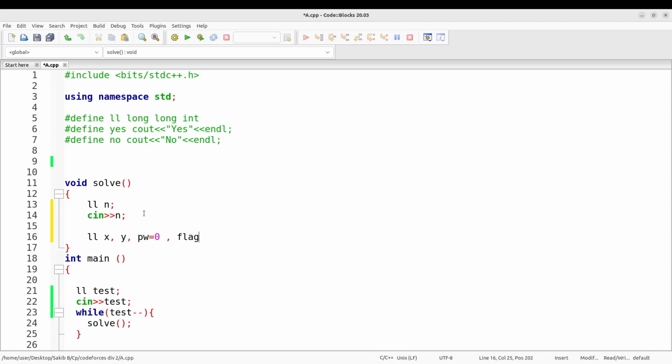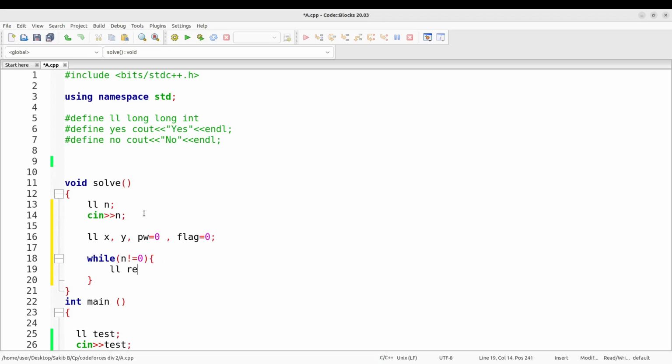for the odd conditions. Firstly we set the flag equal to 0 and we run a loop while n is not 0; the loop will run until n equals 0.